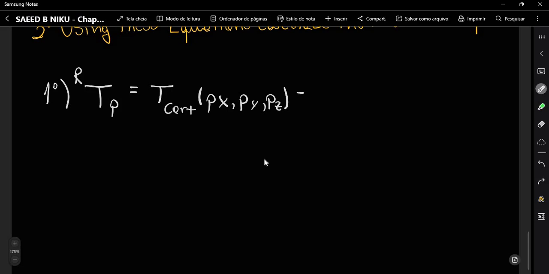And we already finished this because it was passed to us the coordinates of the point P, which are these decomposed components.